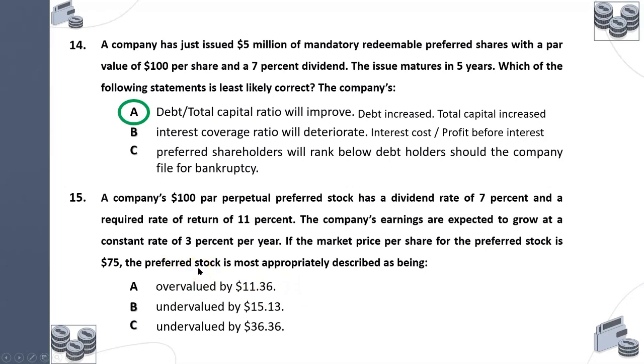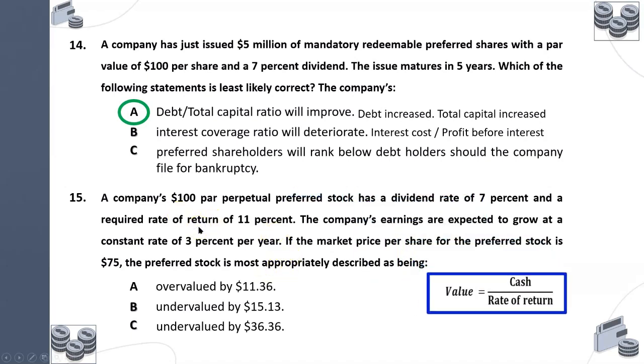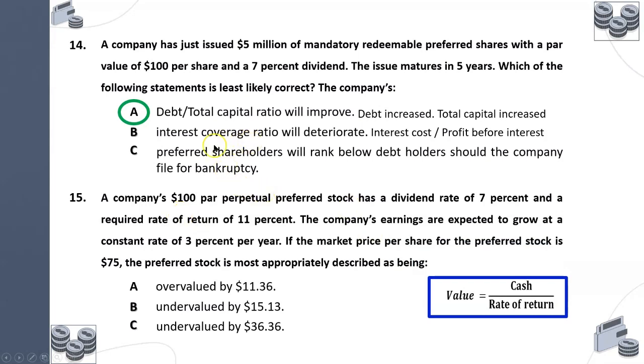If you remember the golden rule I used to mention in all the videos in this series, the playlist I have on the CFA Level 1, which is 15 videos, I always call this formula a golden rule, that the value of preferred stock or normal stock, ordinary shares, or even a company for merger and acquisition or valuing any asset, you will see the cash divided by the rate of return.